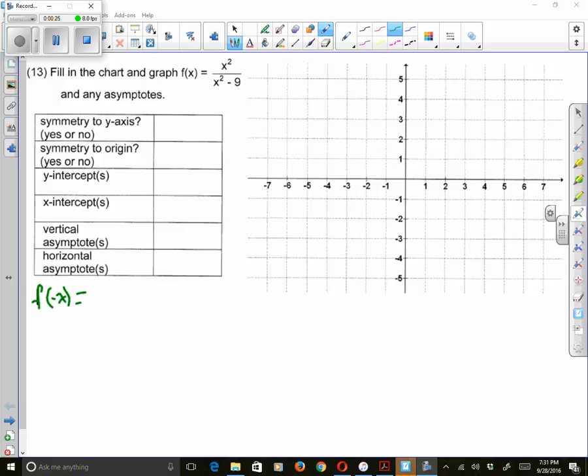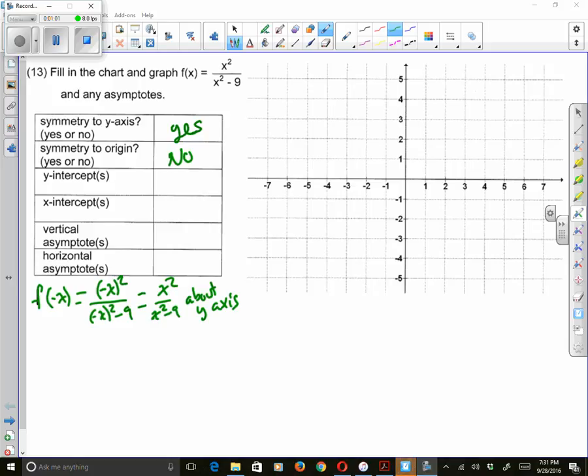And as you plug in negative x, notice that it doesn't change. It still stays x squared over x squared minus 9. So that means we have symmetry about the y-axis. Y-axis, yes. Origin, no.